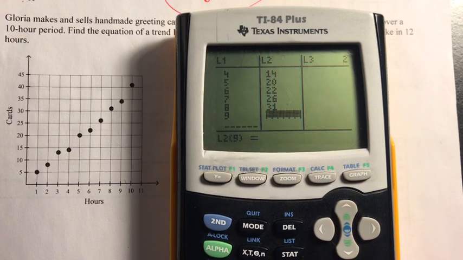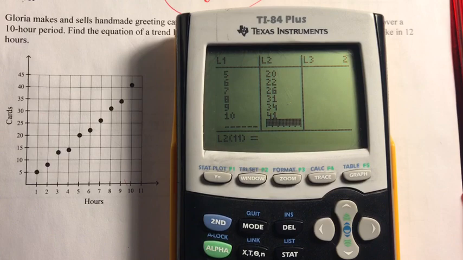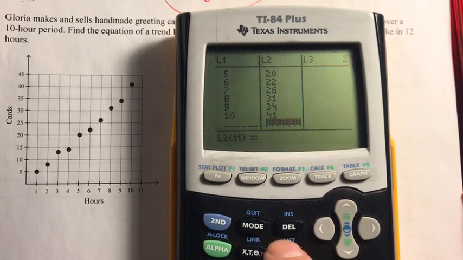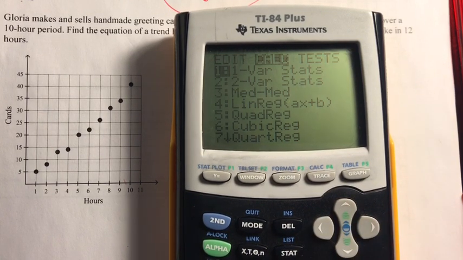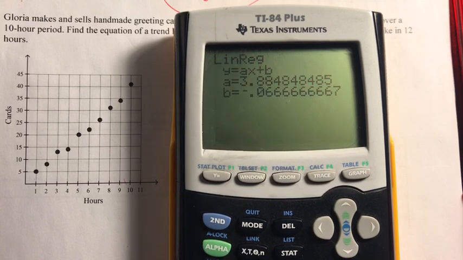Super exciting, all these dots. One more. 10, 41. All right. Done? Nope. Let's hit stat, calc, LinReg, enter.